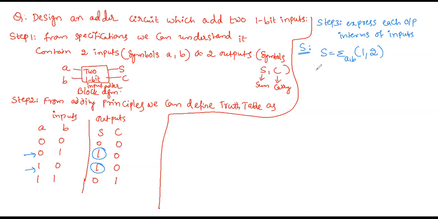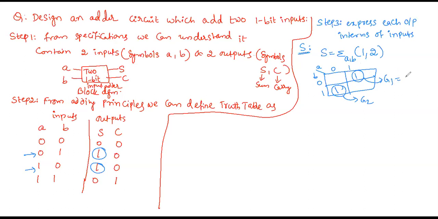So apply the K-map. Wherever the minterms are there, keep 1. This is 1, this is 1. These are diagonal, so not adjacent. So you have to form groups differently, G1 and G2.